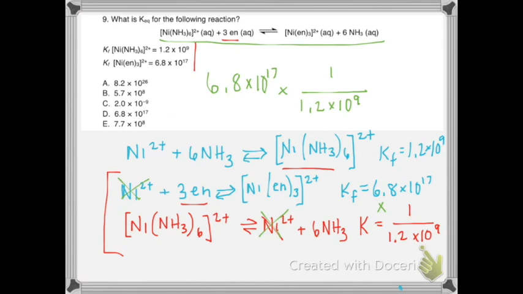And when you go ahead and evaluate that, you'll get B, which is the 5.7 times 10 to the 8th. Okay, so an old concept, right, with combining equilibrium constants, but just with a slightly new application.